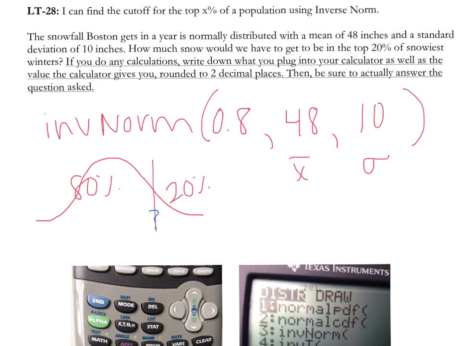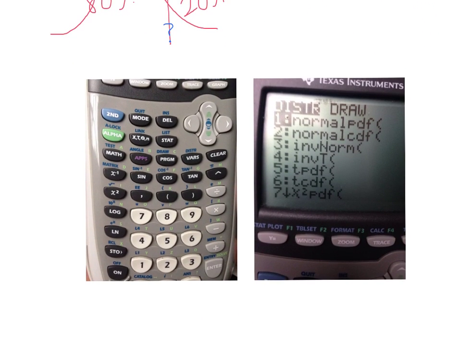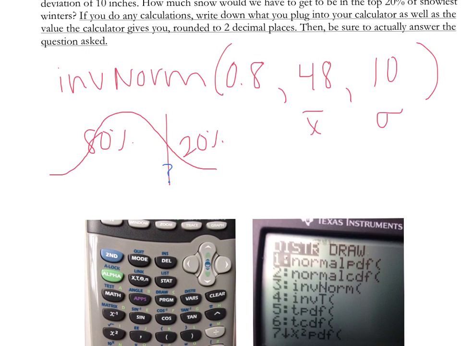So once again, to find our inverse norm function, we are going to go to second, distribution. When this screen pops up, notice the third one down is inverse norm. So you're going to have to arrow down and hit inverse norm. And then you're going to put in these numbers, and let's see what we get.